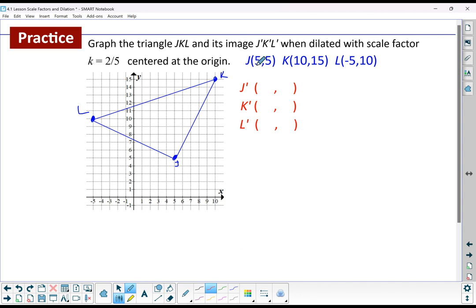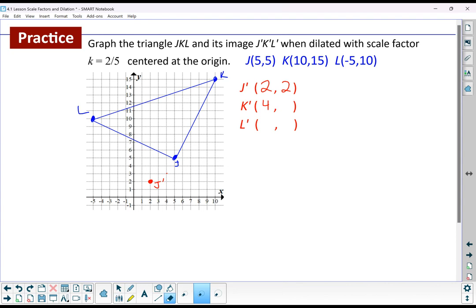If we multiply 5 by 2/5, we get 2. So J prime is going to be located at 2, 2. 10 and 15, when we multiply those by 2/5, we get 4 and 3. That does not seem right. 4 and 6.